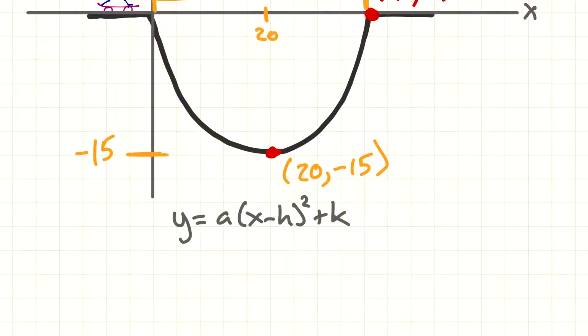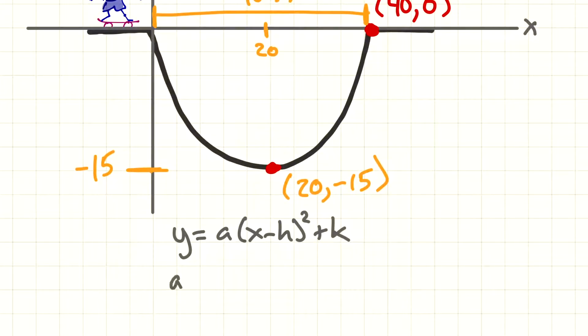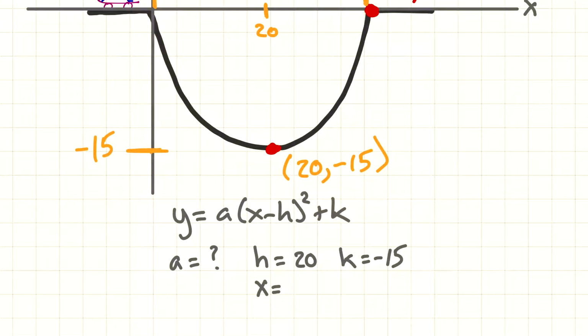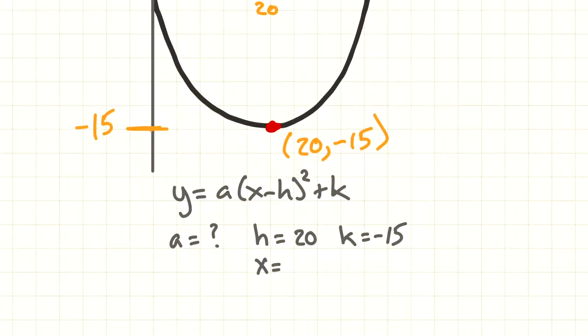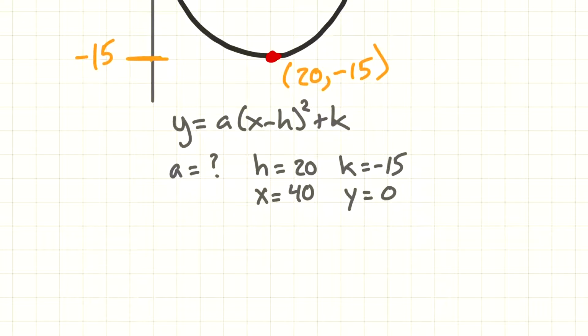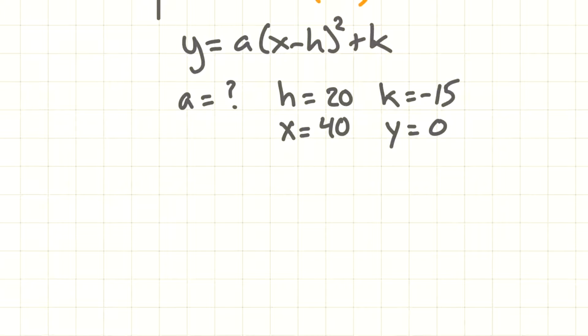The letters we're going to need to know are a, which obviously we don't know, h is equal to 20, k is equal to negative 15, and then x is equal to 40, and y is equal to 0. Now that we have all those, we can plug that in and see what this gives us.